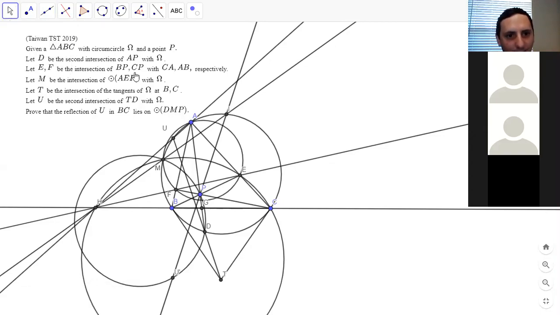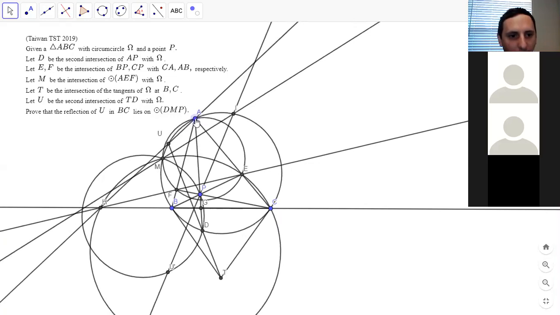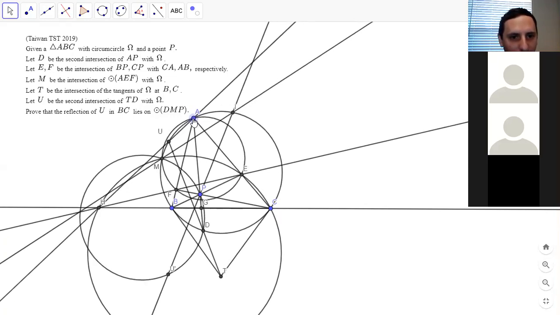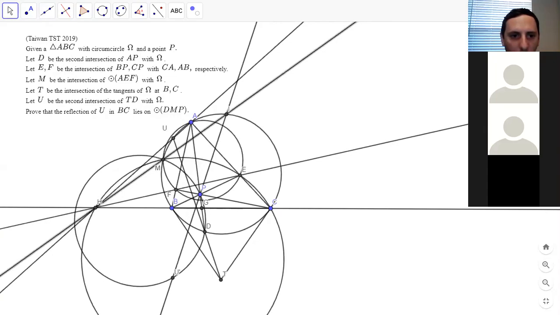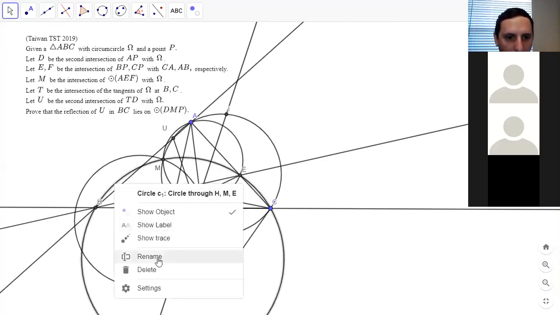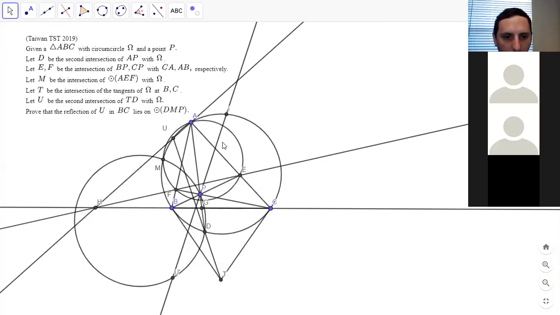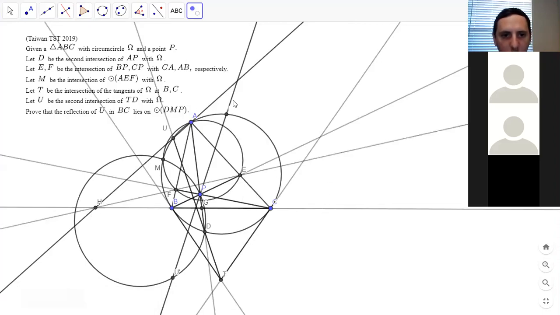Well, we can use that maybe after that, power of a point with respect to. Okay, that's interesting. Oh wait, no, I don't think HM and I are collinear. I just moved it now. Let me delete this circle because it's a little confusing. And let me hide some things.